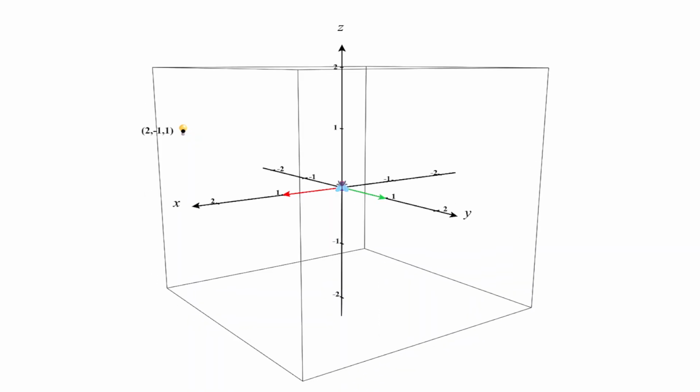Our fly could get directly below that light bulb by moving 2 in the direction of 1, 0, 0 and -1 in the direction of 0, 1, 0, but it couldn't fly up to that light bulb. We need that third vector in order to get that additional height and fly up to it.